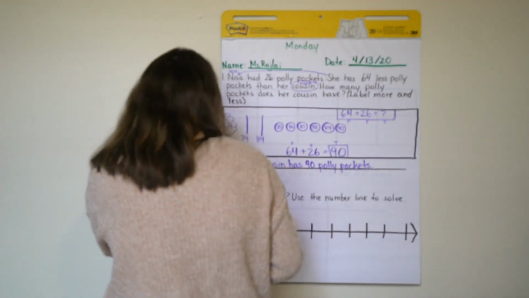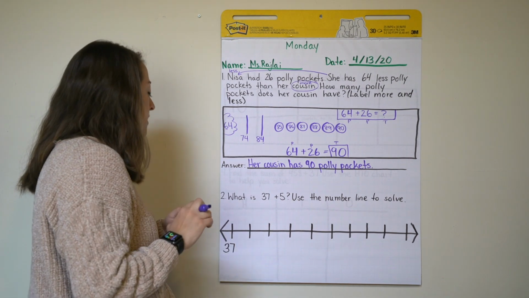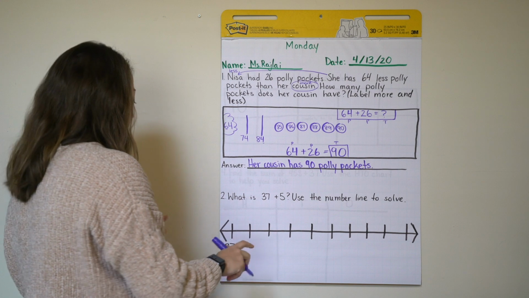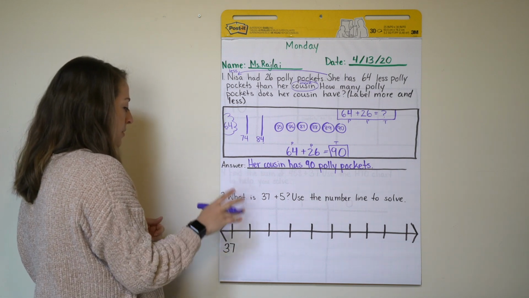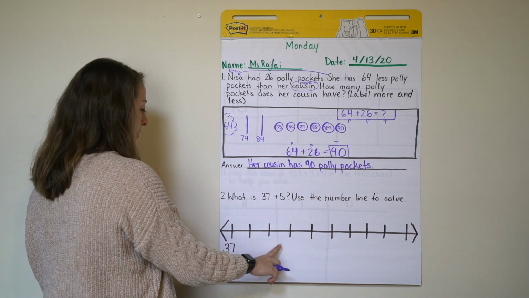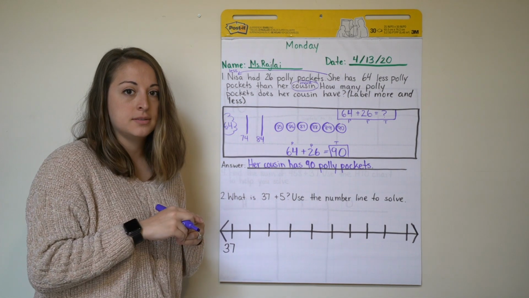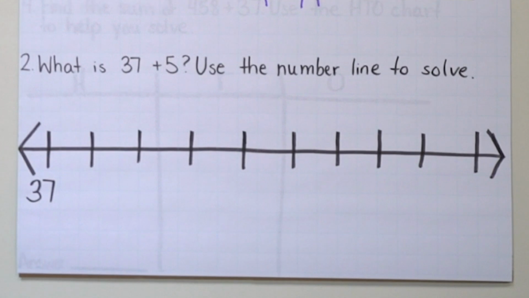Directions say, what is 37 plus 5? Use the number line to solve. So, when you're making your hops, make sure that you label each number that you're landing on and that you put 5 hops. You can do that now.